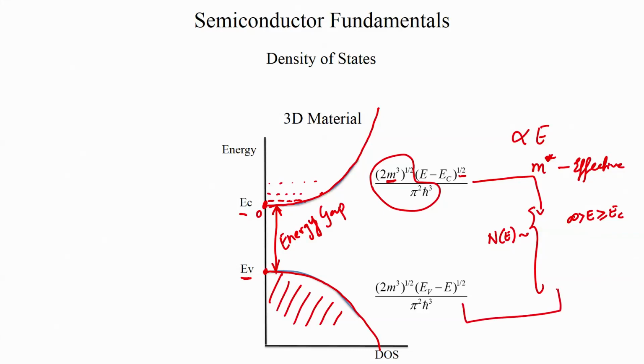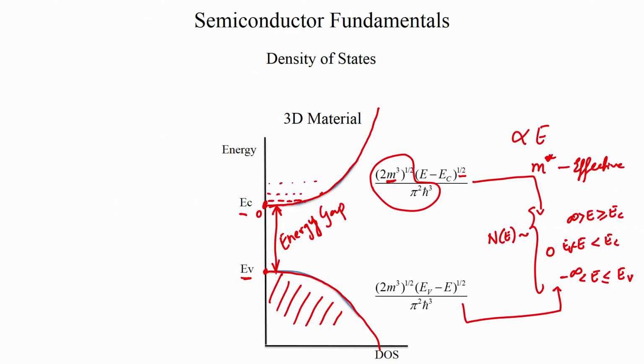It is this when E is less than or equal to EV, but greater than minus infinity, and it is 0 when E is between EC and EV, which is the energy gap. So that is the distribution of the states in a 3D material.